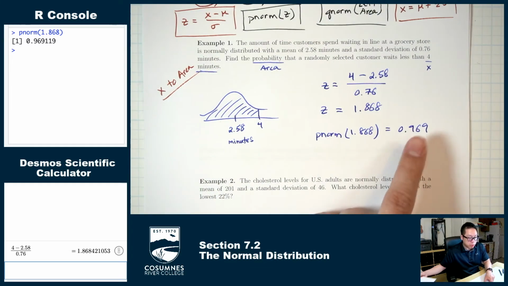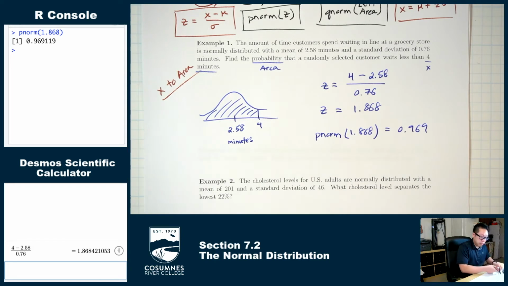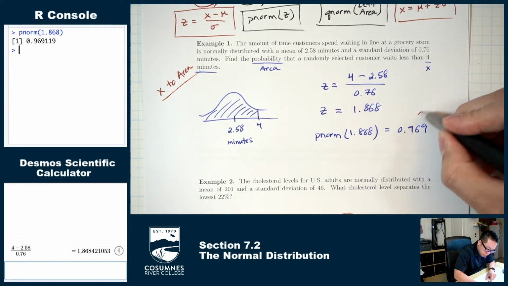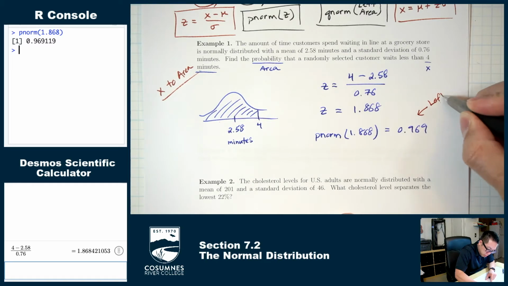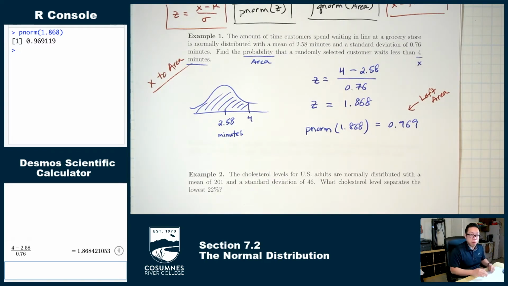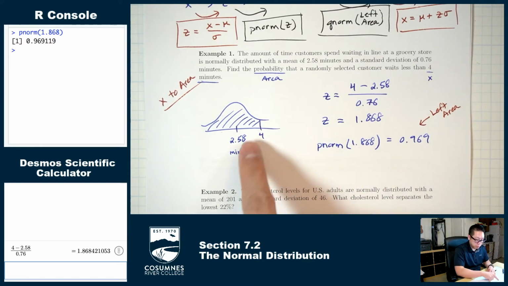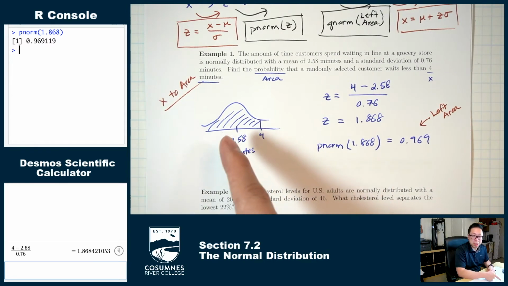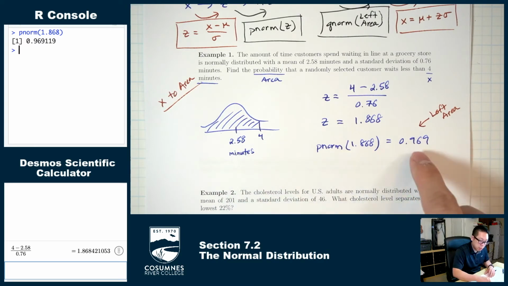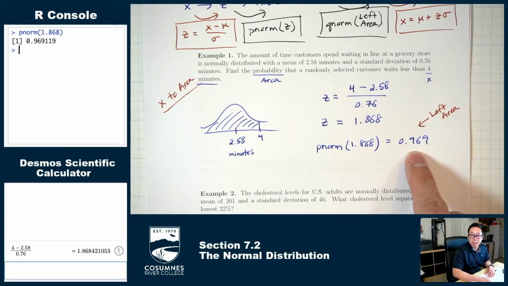So this number that it spits out is a left area. And the question is, are you looking for a left area? Yes, you are, right? So this is shaded to the left, so I am looking for a left area. So that's exactly the answer I want.